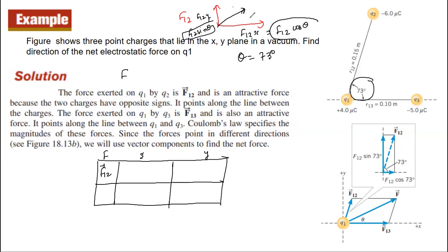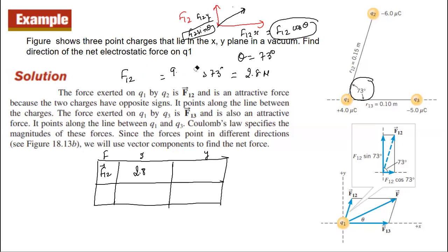So it has a component F12 cos theta. Let's calculate over here. I'll directly plug in the number over here, F12 cos of theta. F12, do you remember what we got? We got 9.6, and then cos of 73 degrees. Cos 73 times 9.6, it gives me 2.8 Newton. So I found the x component in this case. So that is 2.8, right?